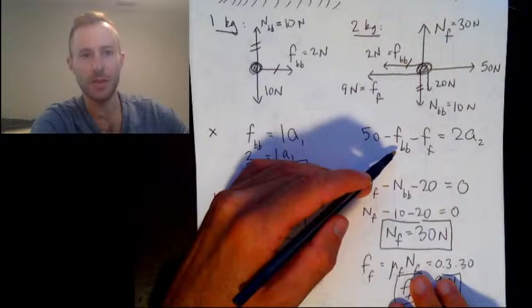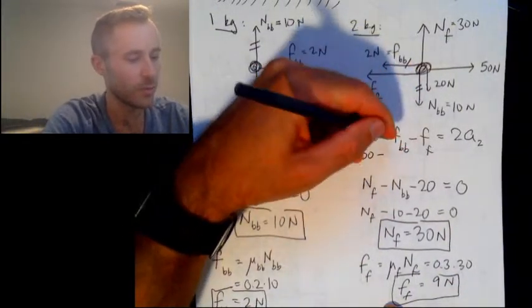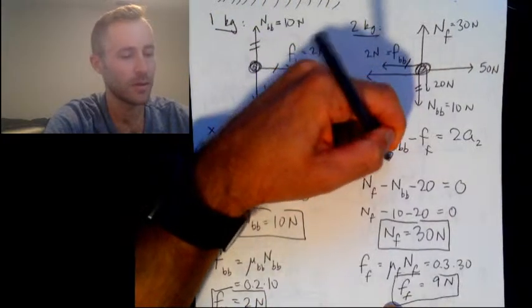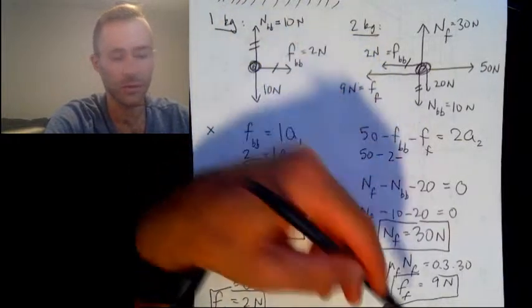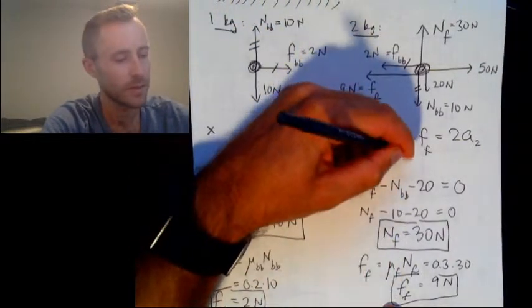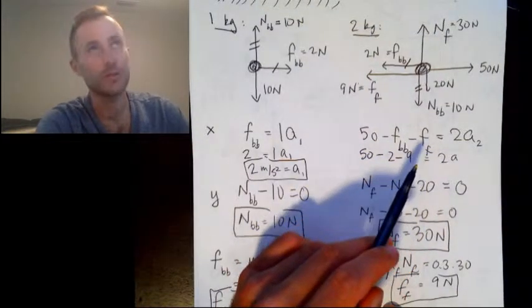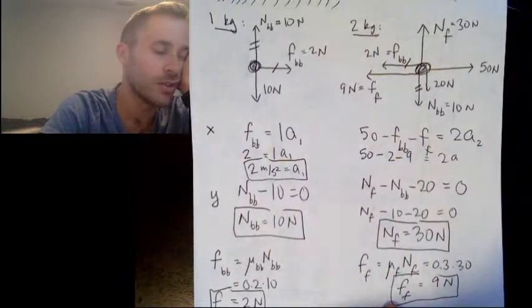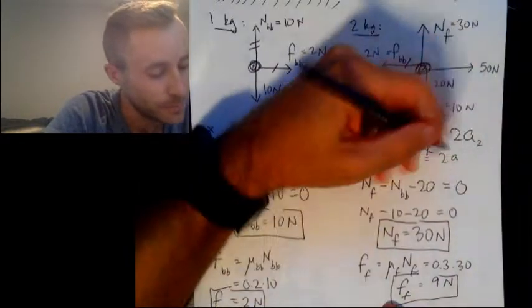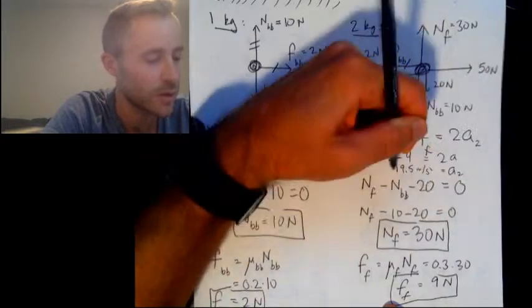Substituting in for FBB and gives 50 minus normal force between the blocks, which is 2, minus or friction force between the blocks, which is 2, minus friction force from the floor, which is 9, equals 2a. So that says what? 39 equals 2a. So 39 over 2 is 19.5 meters per second squared is the acceleration of the second block.